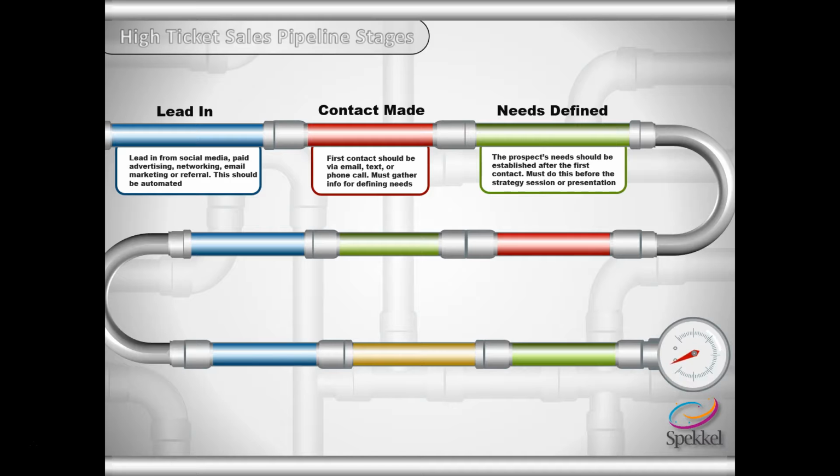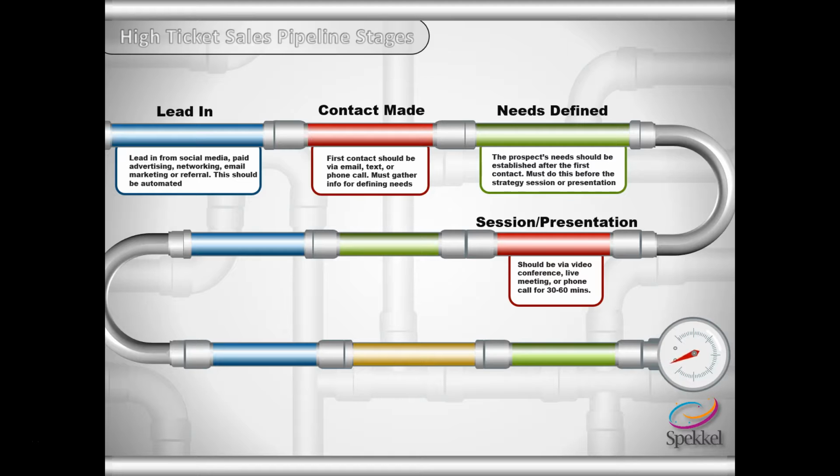So then, after you get your needs defined and you're able to reach out, you have your strategy session or your presentation. This should be done via video conference, or it could be done through a live meeting, or it could be a phone call, which is probably the least desirable of the three.